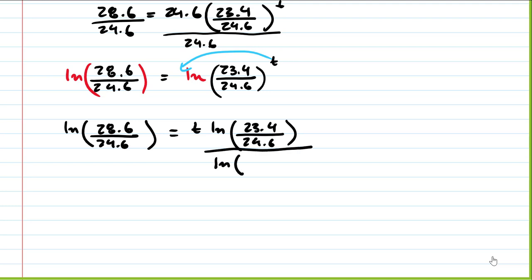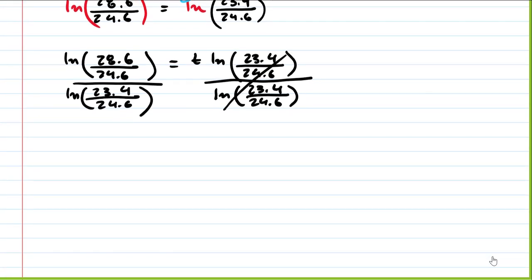Divide by our natural logarithm on both sides of 23.4 over 24.6. And finally, that gives us our value of t.